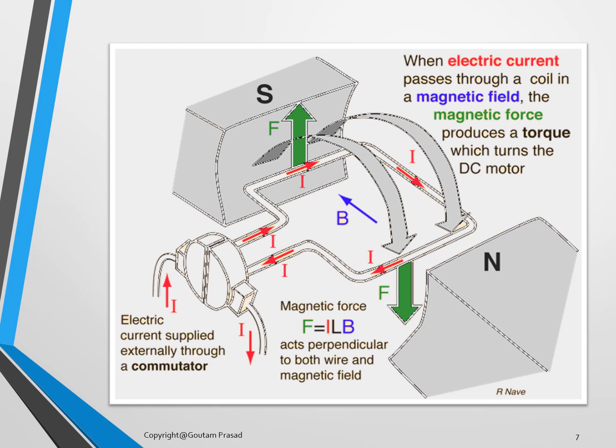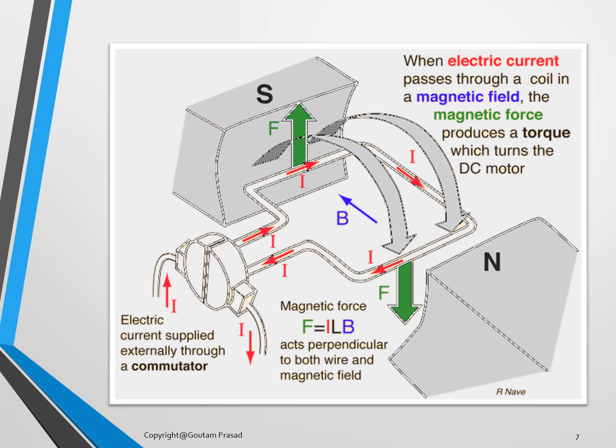Here it is being made clear further that the amount of force that the conductor is experiencing is a multiplication of its length, the amount of current, and the magnetic field density. B is the flux density in which the conductor is kept.